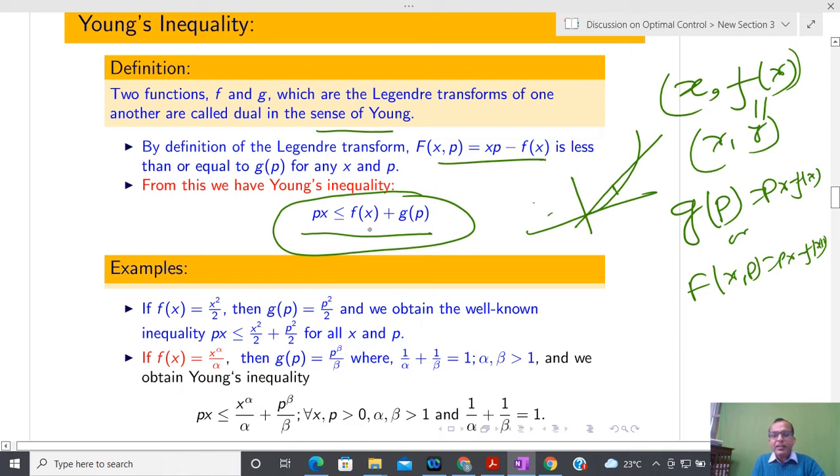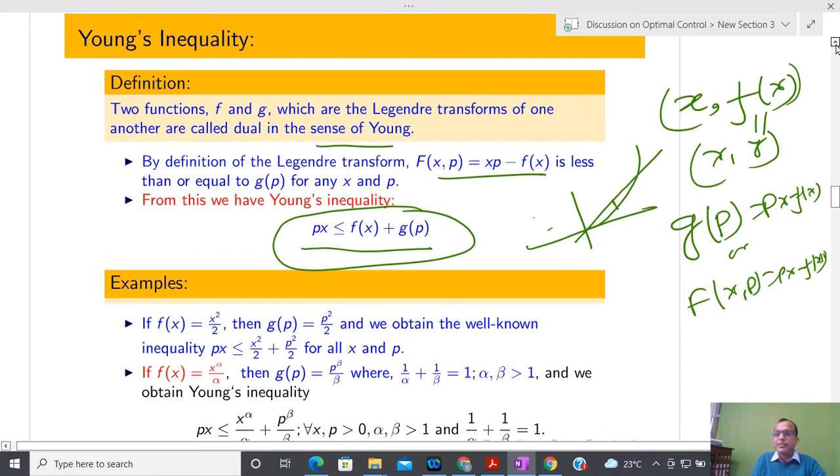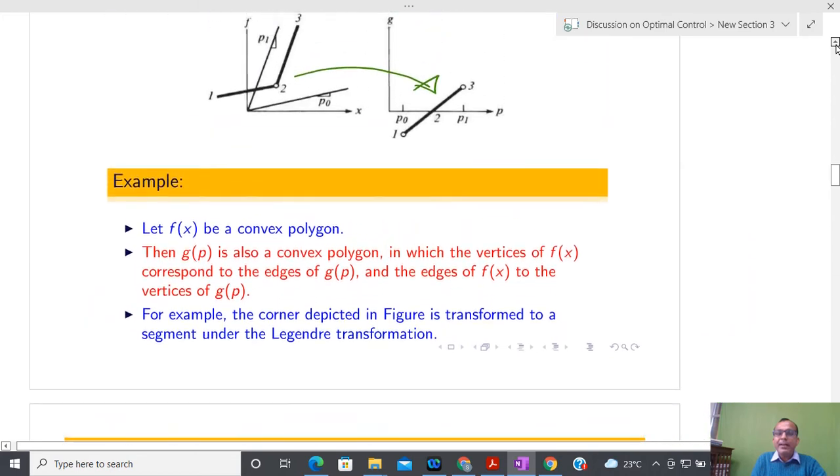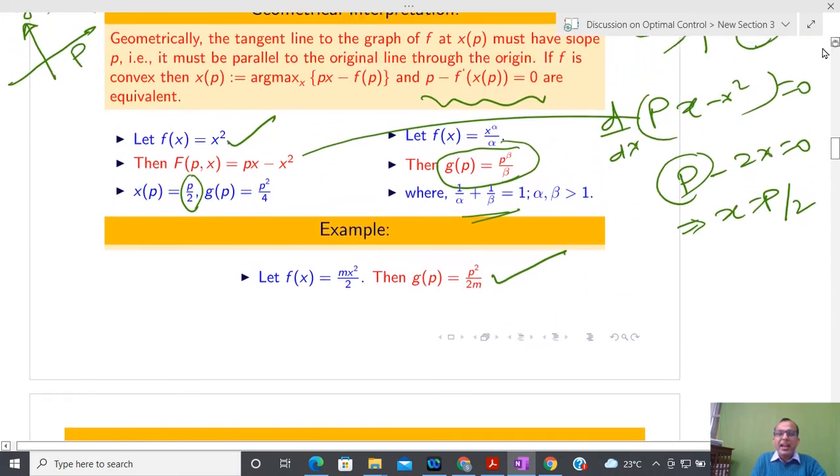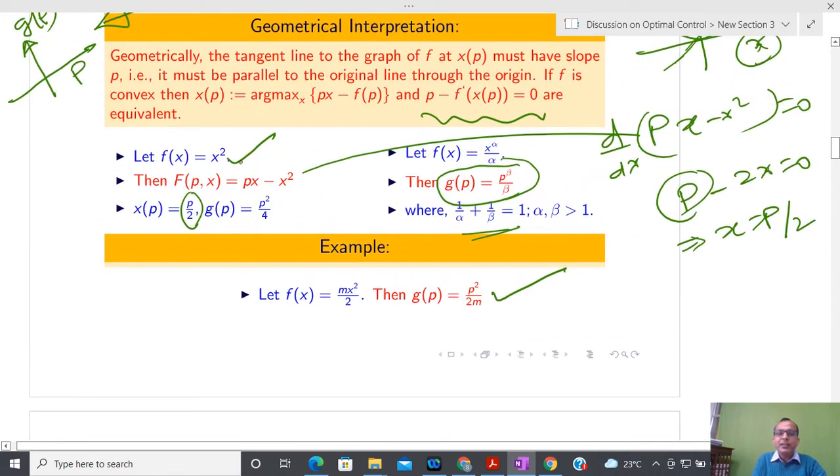Okay, and if you apply this kind of inequality, now you can see what happens. I have f(x) equal to x square by 2, and just now what we have seen in the previous slide is that if I have a function like x square, at that time its Legendre transformation is p square by 4.